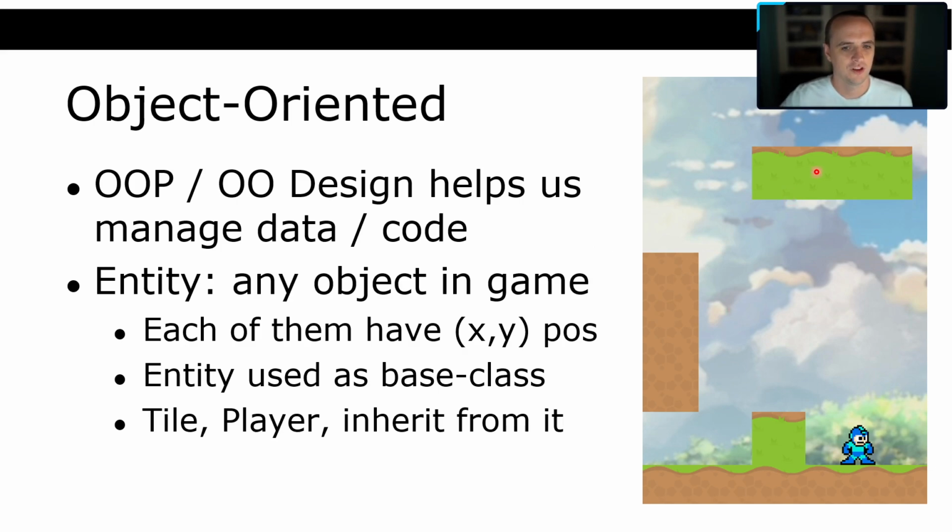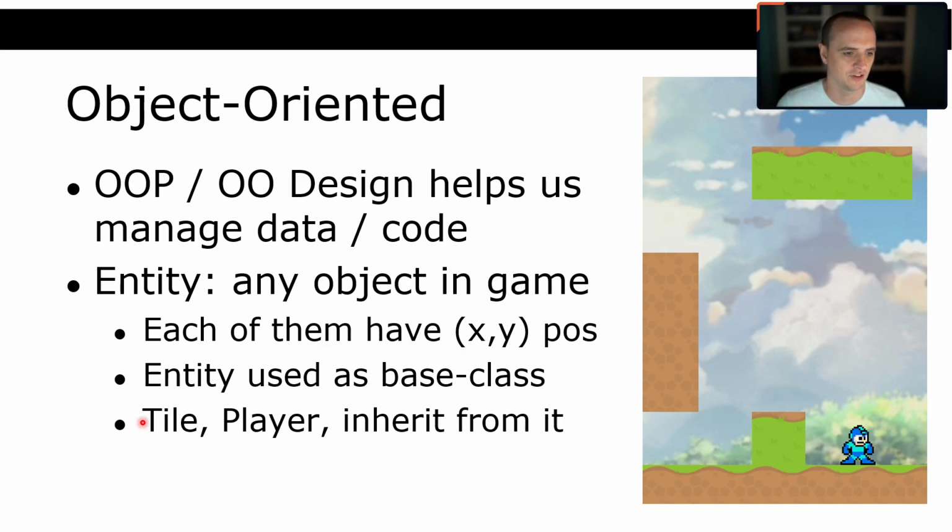For example, since each entity in the game has at least one property in common, that is, since it's a 2D game, it will have an X and a Y position, we'll create an entity class, that's the base class for the hierarchy of everything in our game, and that entity base class will have an X and a Y position. And then things like tiles and players and enemies and bullets will all inherit from entity, and then they will add the data that is specific to them.